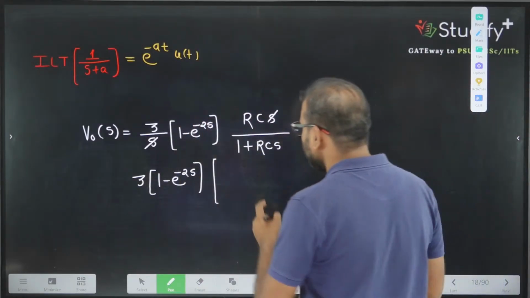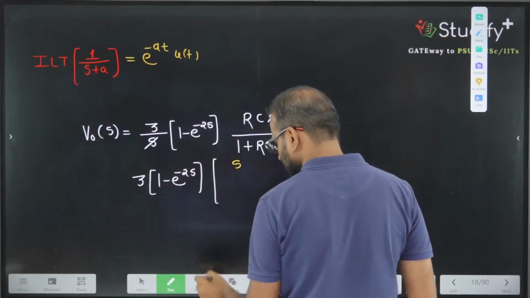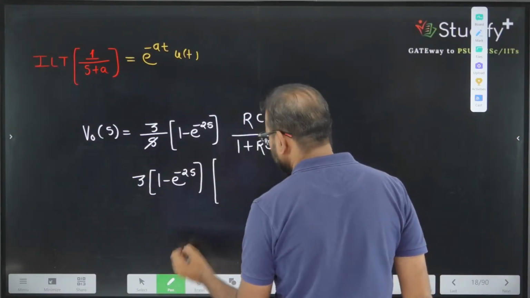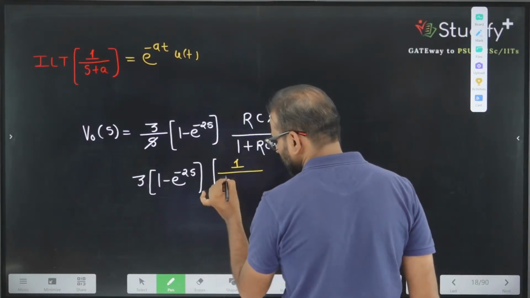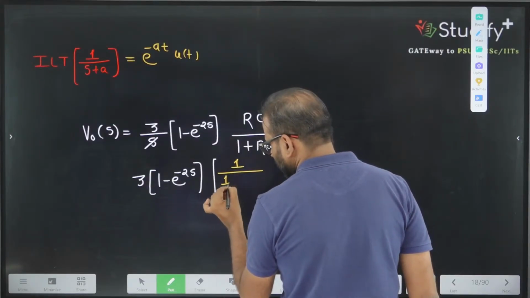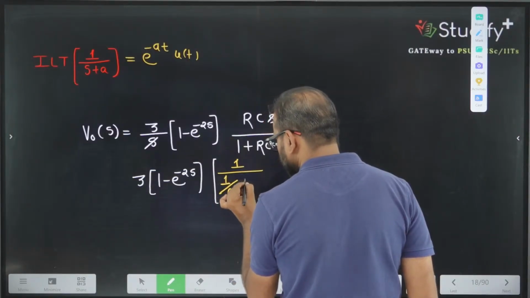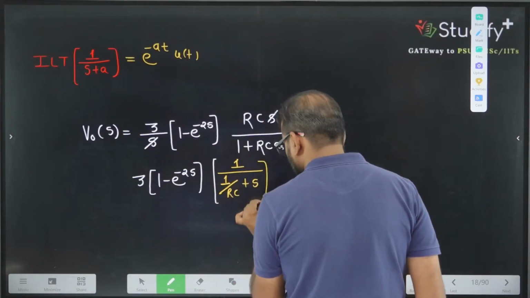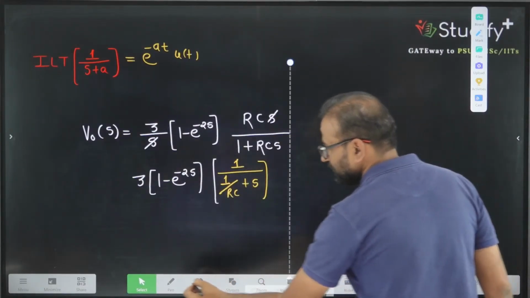So here we have RC and here we have RC, so you can say this is s. How can I write it? RC cancels, so this is 1 divided by 1 by RC plus S. Or you can say my original expression will look like this.